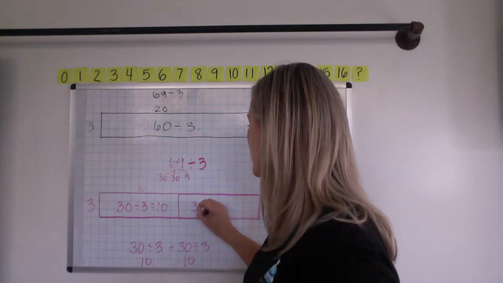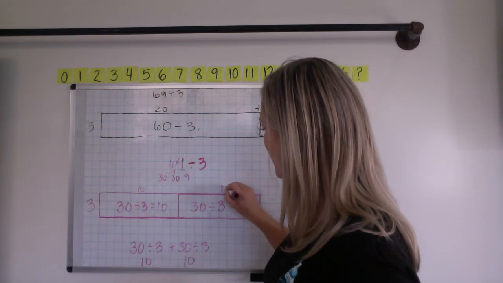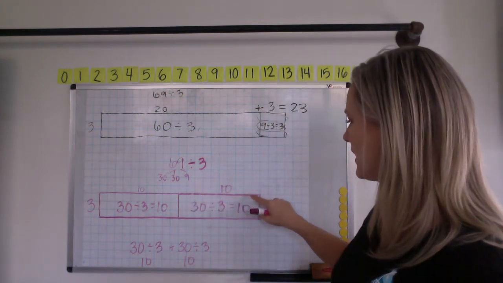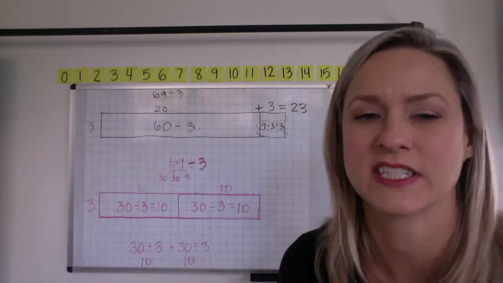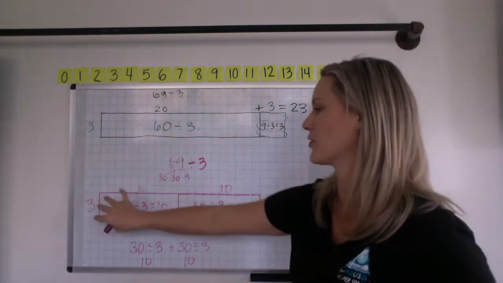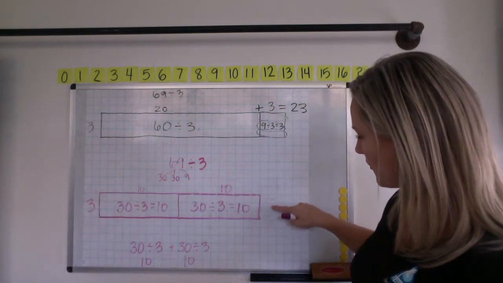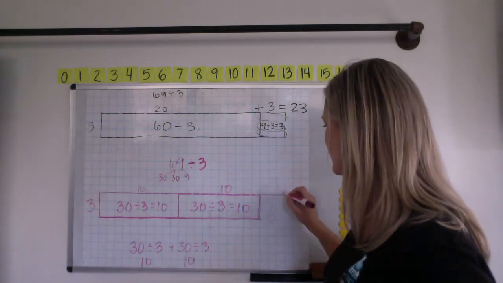30 divided by 3 equals 10. So I've got 10 up top. And then I still have 9 left to divide by 3. So remember, here's our 3 rows. 1, 2, 3, 4, 5, 6, 7, 8, 9. Same as last time for this final step, right?